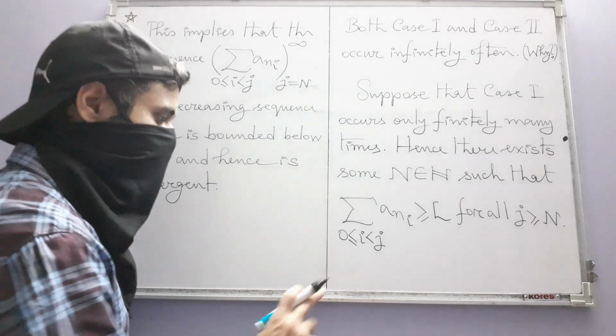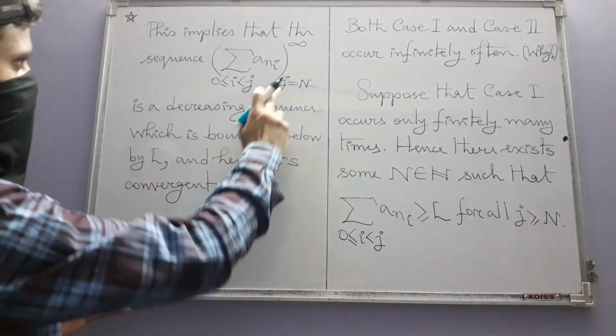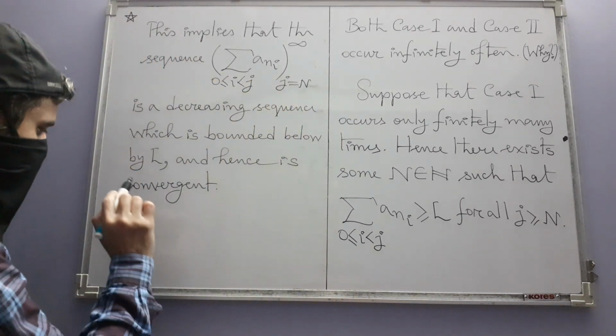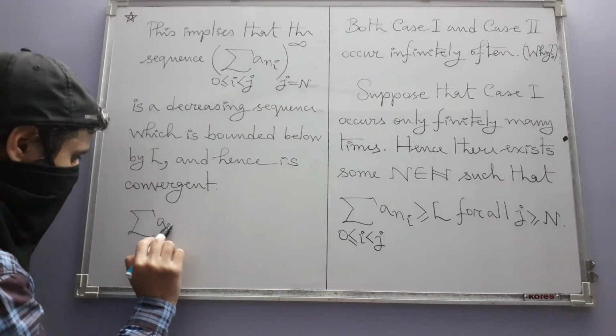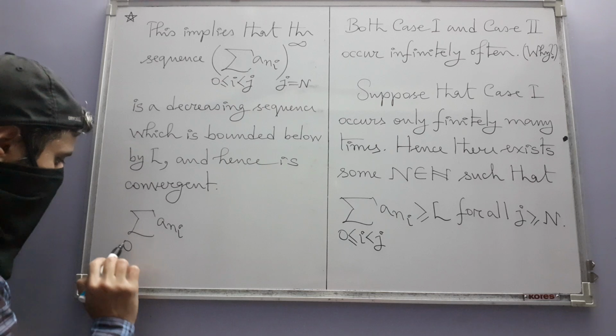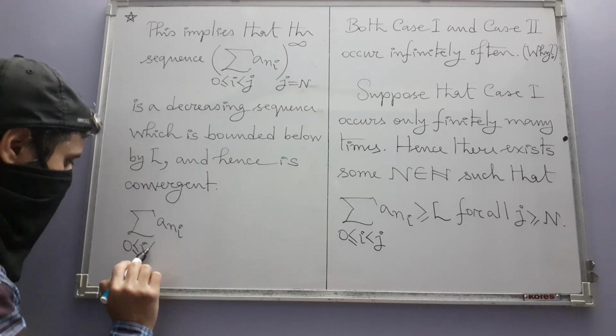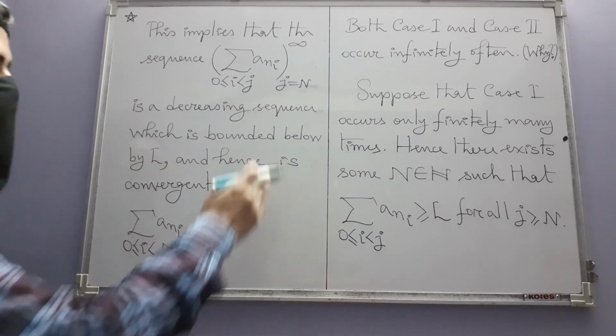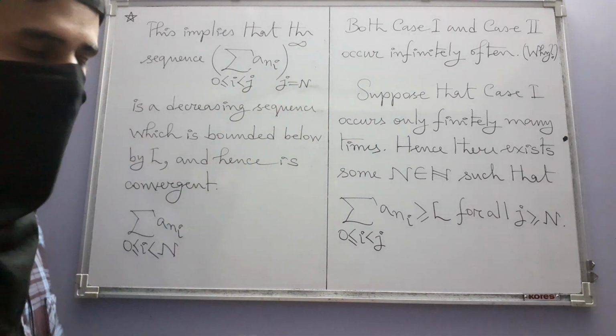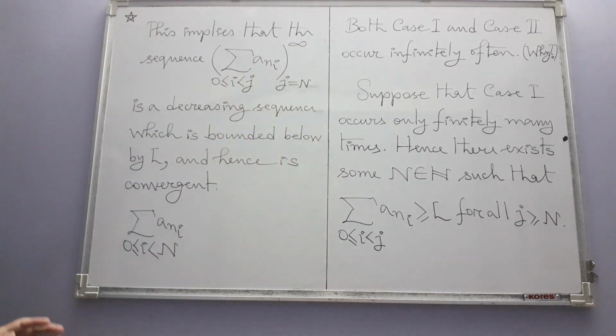That is because, you see, what is the nth term of this sequence? The nth term of this sequence is just this. Nth term means actually this is the first term, because j starts from n.